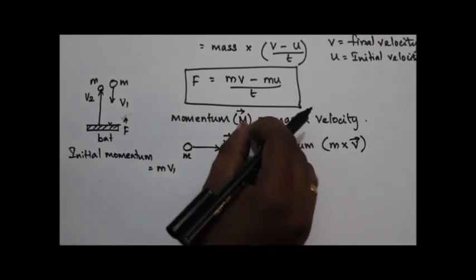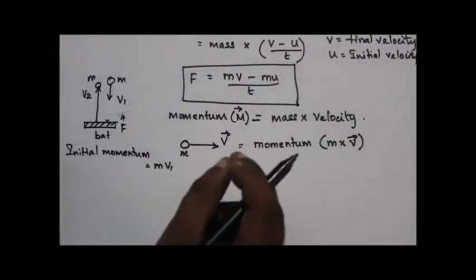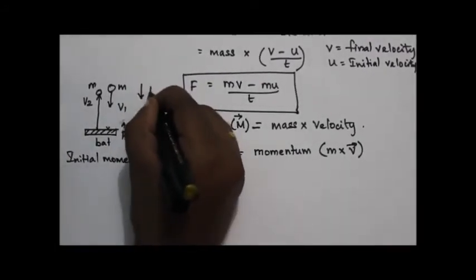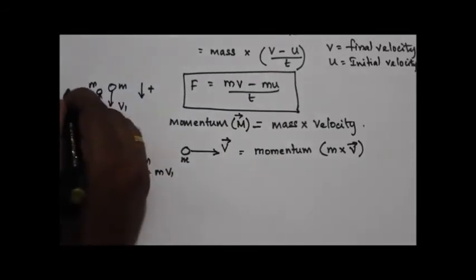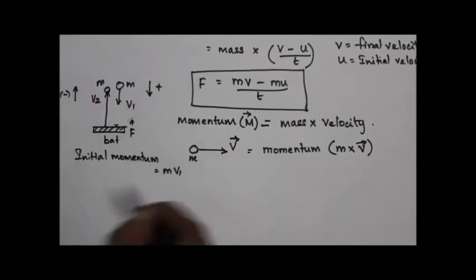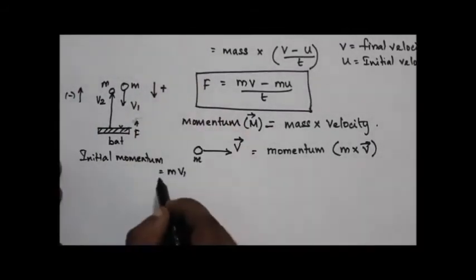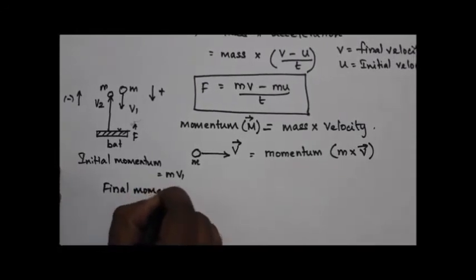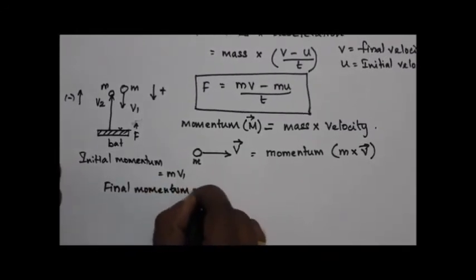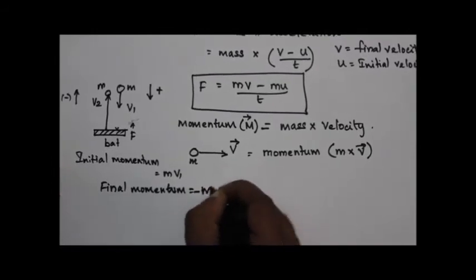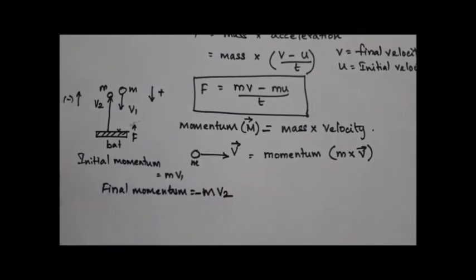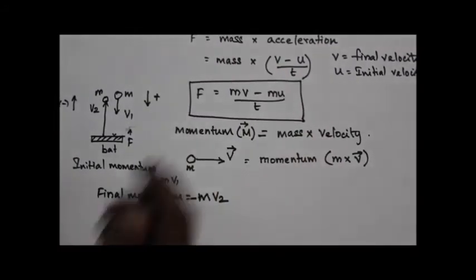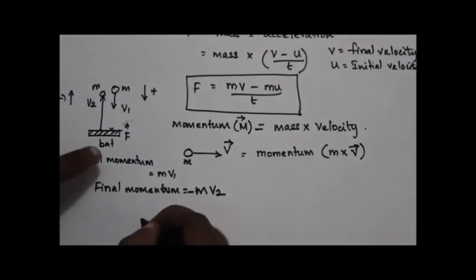Since momentum is a vector quantity, the sign convention is also very important. If I am considering the downward momentum to be positive, then the upward momentum should be considered negative. So here the initial momentum is downward, so it is positive, whereas the final momentum of this ball is negative mass times v2.